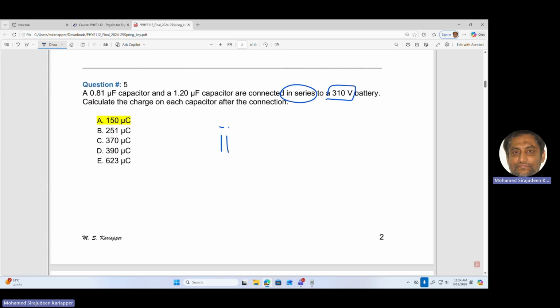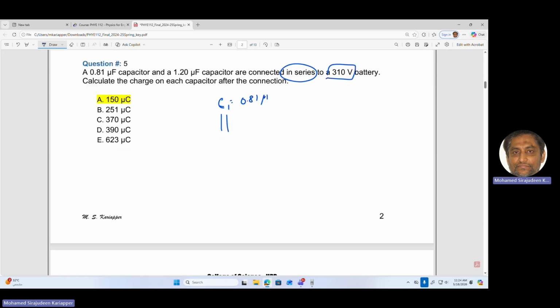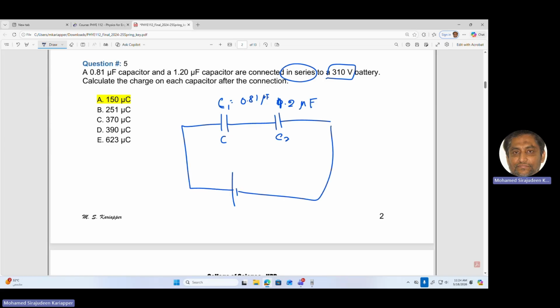We have capacitor 1, which is 0.81 microfarad, and capacitor 2, 1.2 microfarad, connected in series. Then they are connected to a battery, which is 310 volt. So this is the story.